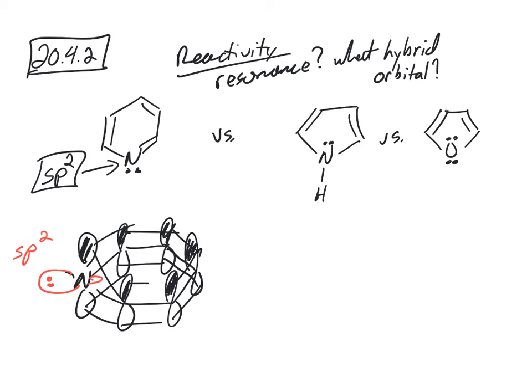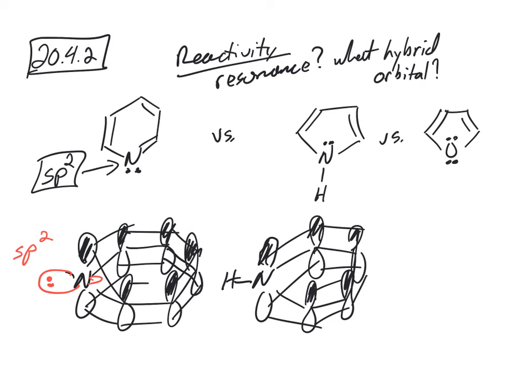What about pyrrole? All right. So now I just drew pyrrole. This nitrogen has what kind of bonds? It has 3 sigma bonds. So normally we'd think it'd be sp3 hybridized, right? But since this lone pair is next to a pi bond, it's going to be sp2.